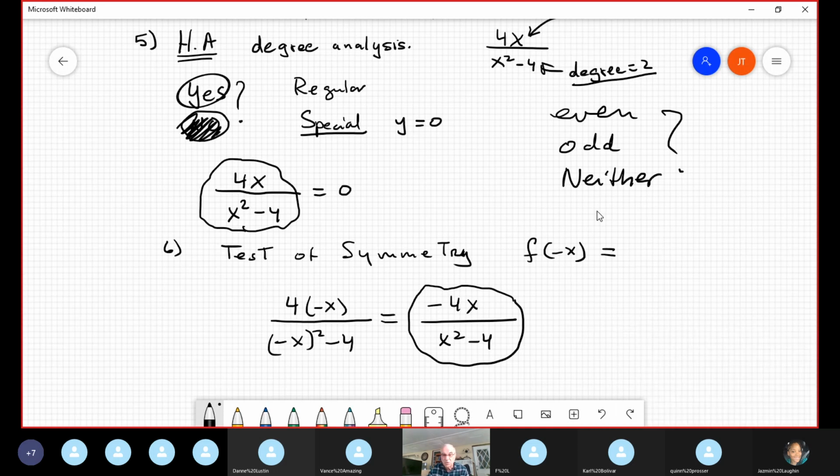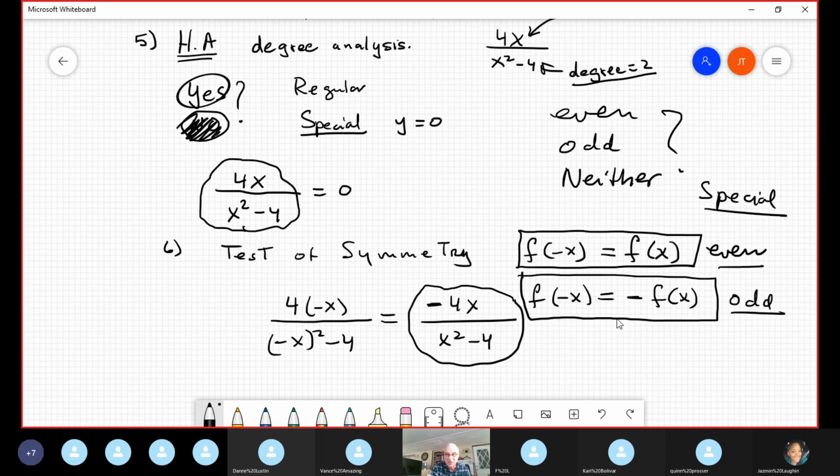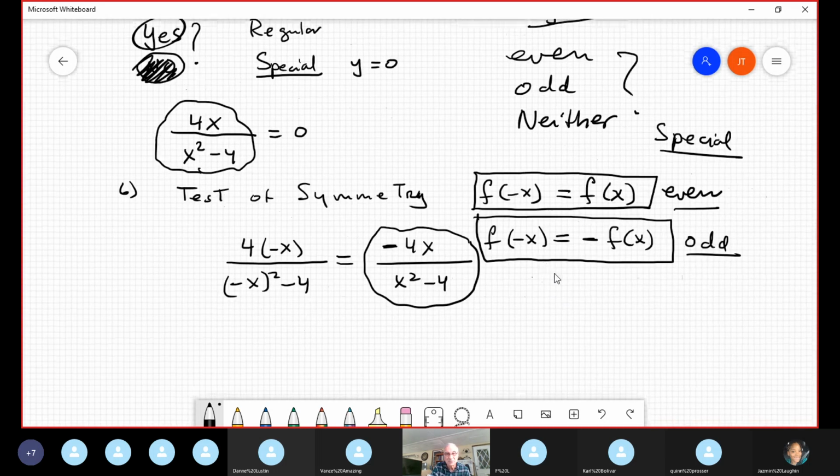Because even is when you make a reflection and the function stays the same, doesn't change. However, in our specific problem, we have a minus here, right? When you do the reflection and it's totally opposite sign, it's odd. Even and odd both are special functions. The ordinary function is neither, when you do not satisfy this condition.